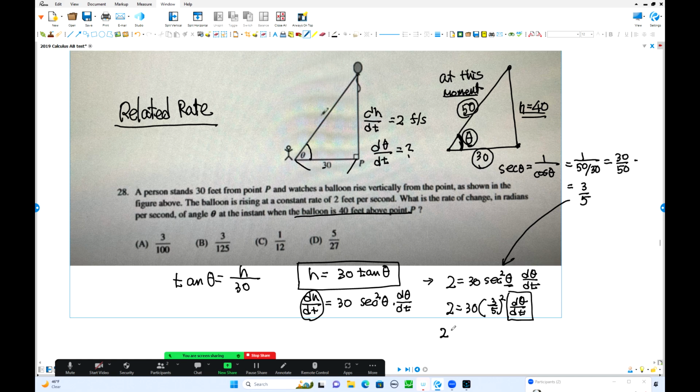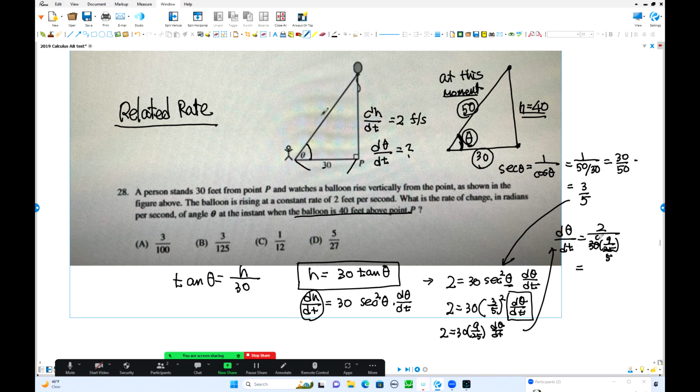Now simplify: 30 times 25 over 9. Then d theta/dt equals 2 divided by that, which is 2 times 9 over 30 times 25, and we quickly simplify.